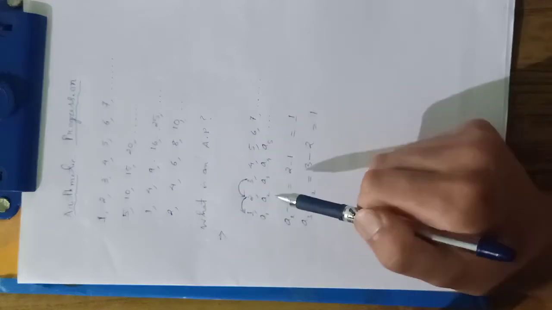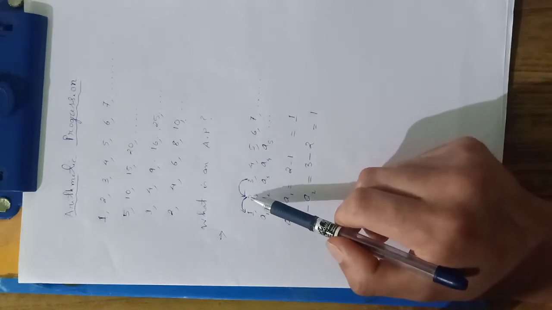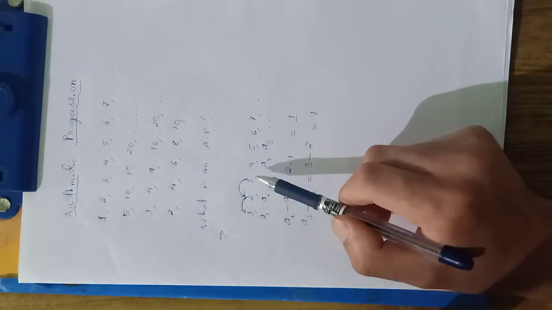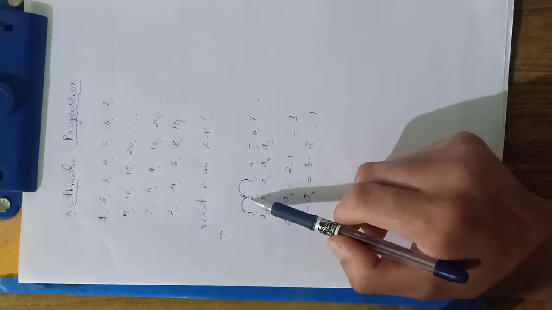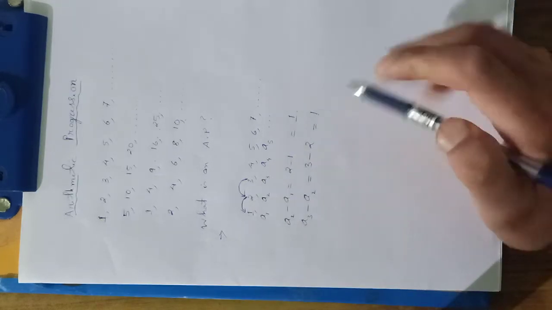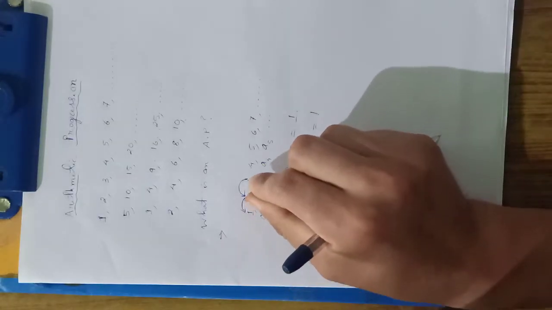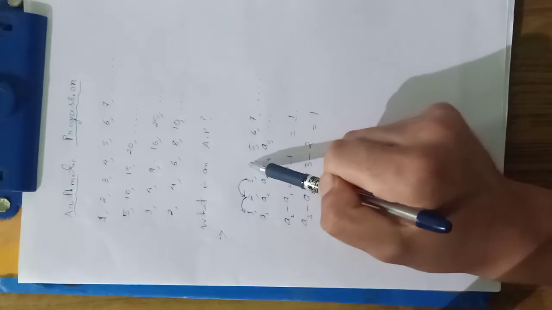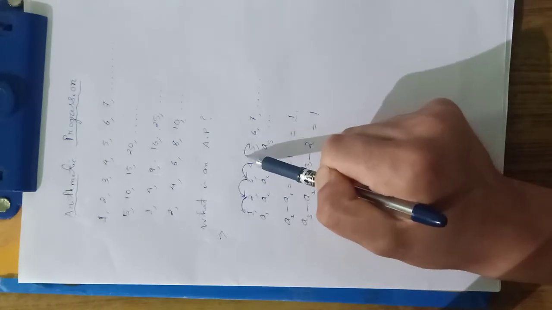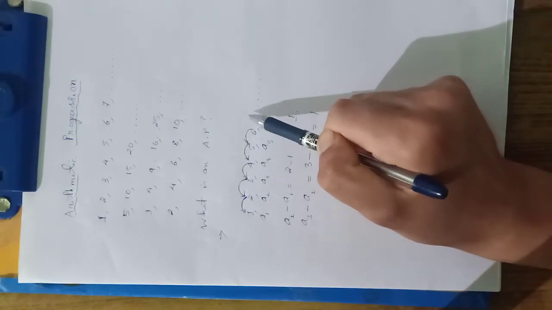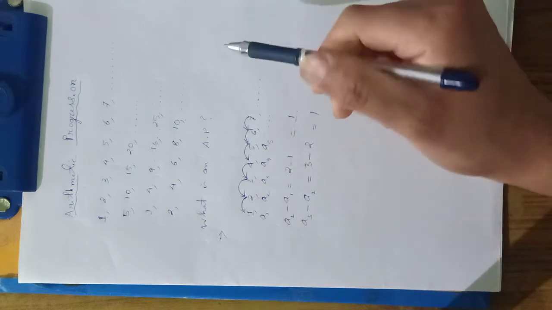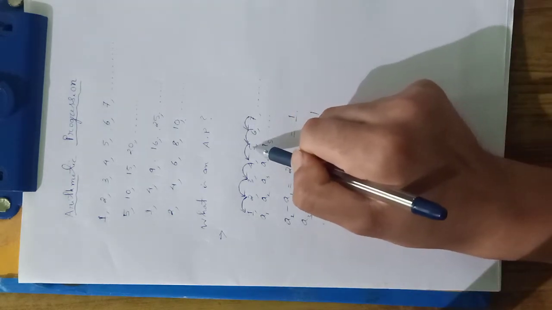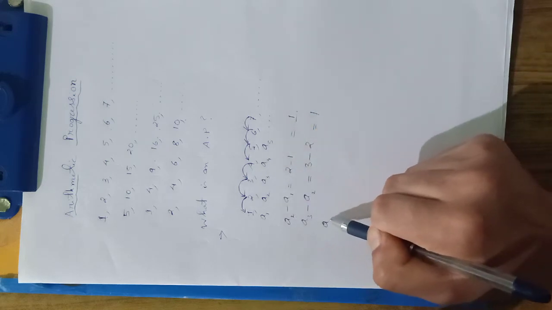So this means the difference between the second term and the first term and the difference between the third term and the second term are both equal. That means the differences between these consecutive terms are equal. Now the same should hold for each of these consecutive numbers. Let's check the fifth term minus the fourth term.